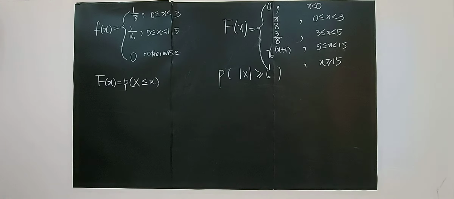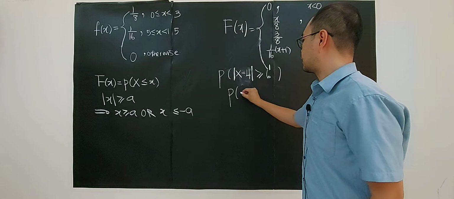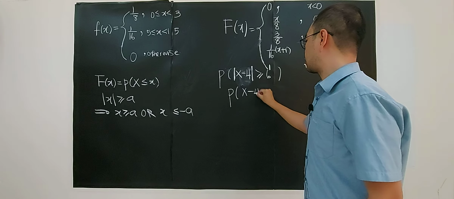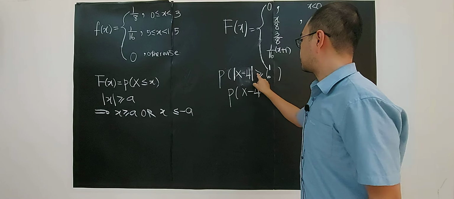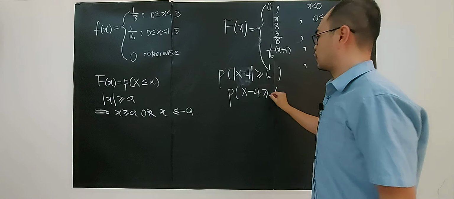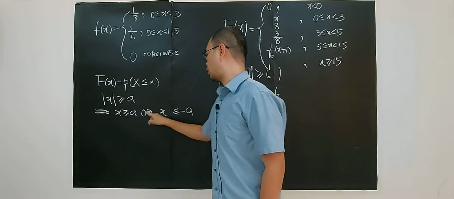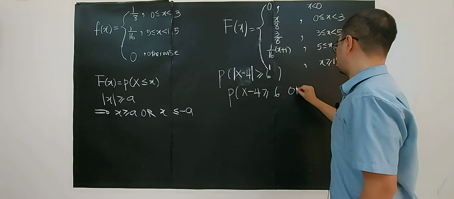So that means we have two possibilities. I can rewrite this as X minus 4 greater than or equal to 6, or X minus 4 less than or equal to negative 6.